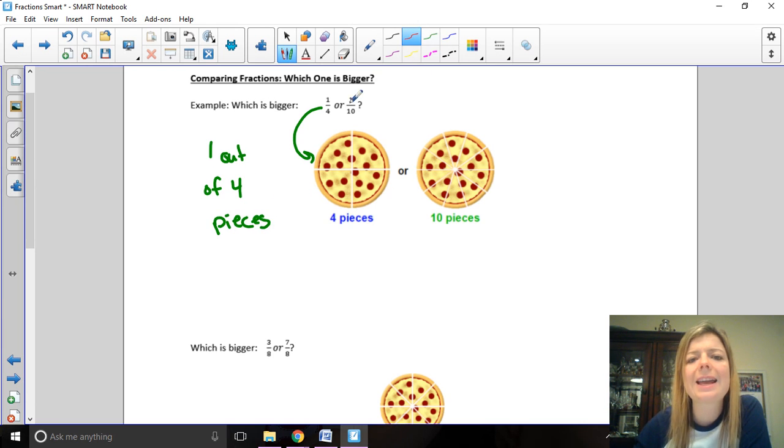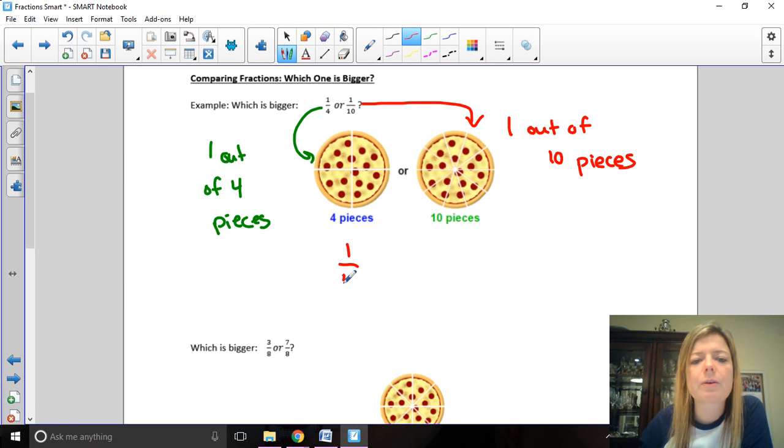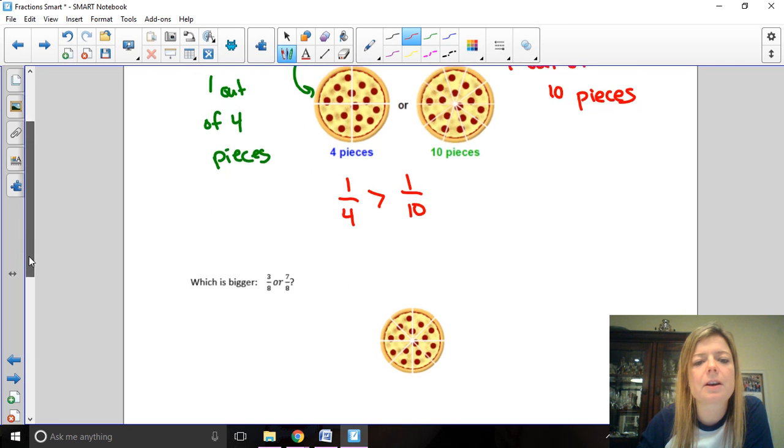And 1 out of 10 is like if you take that same pizza and you're still getting 1 piece, but it's out of 10 pieces. So which piece is going to be bigger? The one that's 1 out of 4 or 1 out of 10? Definitely 1 out of 4 is going to be bigger than 1 out of 10. So that's how you can tell if a fraction is bigger.